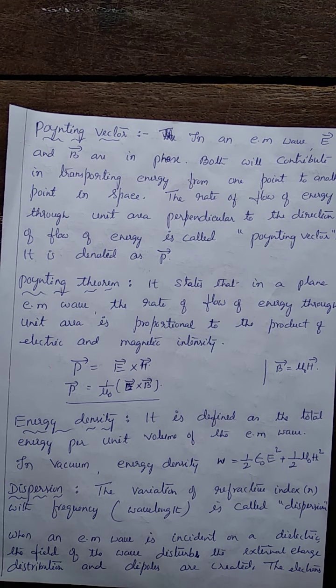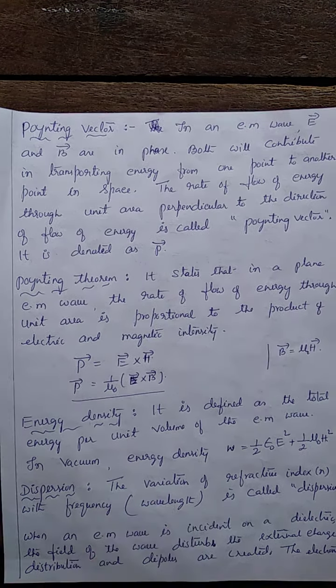So, here, both E vector and B vector contribute to the energy. When energy is transported from one point to another point of the medium in space, then both E vector and B vector contribute to this energy. Then the rate of flow of energy per unit area perpendicular to the direction of propagation of energy is called Poynting vector.